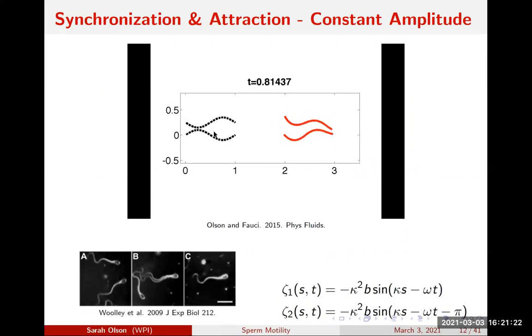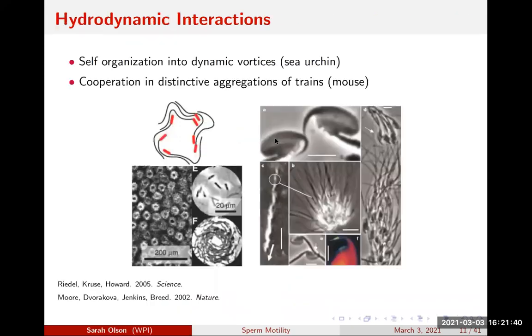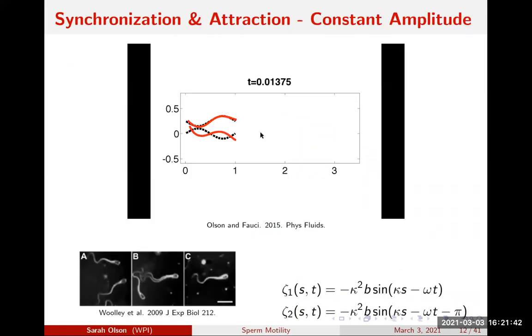And then we continue to give each one of them the same preferred beat form that's preferring them to be out of phase. And what happens is, due to the other swimmer, each one's feeling the other one, they hydrodynamically feel each other through the force field and the flow field.